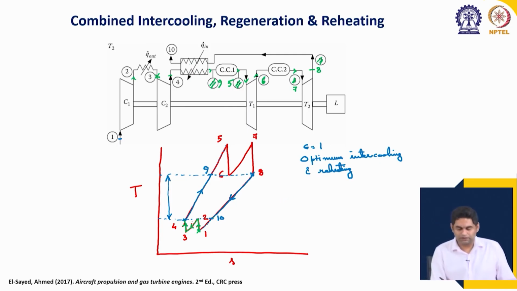Okay, and the exhaust gases go out at state 10, but in our case we are closing the cycle by connecting 10 to 1 by using an additional heat removal process. I hope this is clear, otherwise you can pause here for a little while and try to understand this in more depth, and try to correlate with the cycle TS diagram.